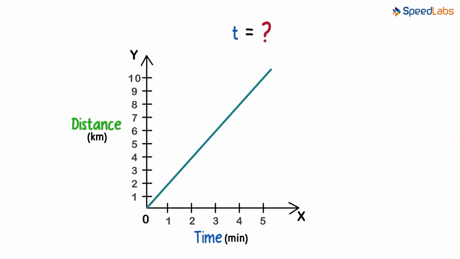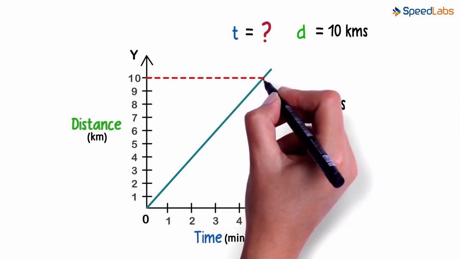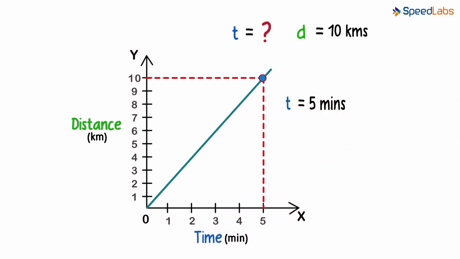How long does it take to cover 10 kilometers? Well done. It will take 5 minutes. It is very straightforward. We mark a horizontal dotted line from the y-axis at the 10 kilometer point and then drop a vertical dotted line to the x-axis to get the answer. 10 kilometers are covered in 5 minutes.